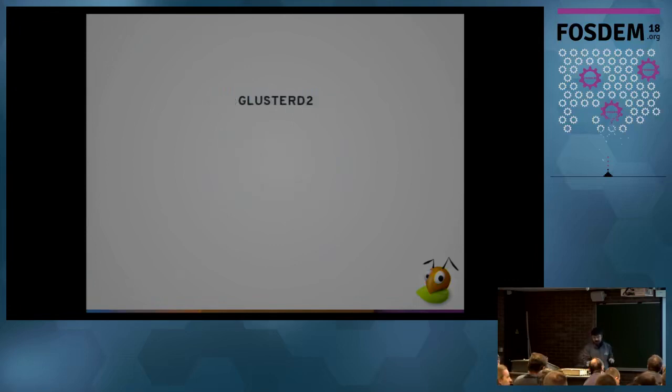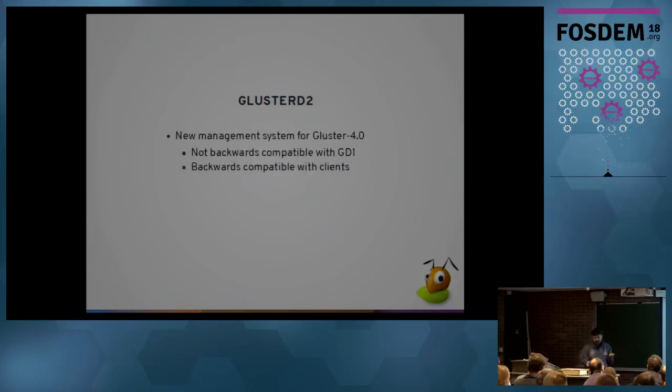We also have GlusterD2, which changes a lot internally with how Gluster is managed, but to the end users it should remain mostly transparent. It should be similar to what you already experienced. GlusterD2 is the new management system for Gluster 4.0.